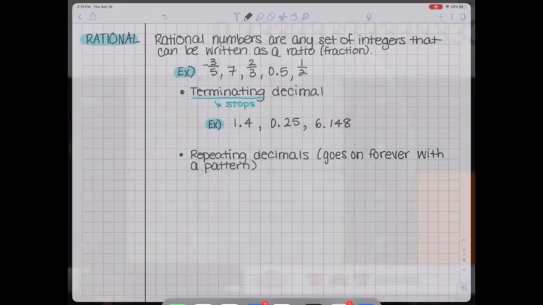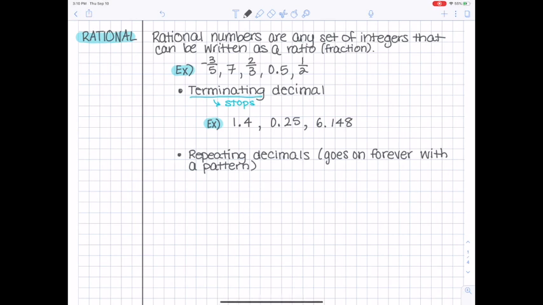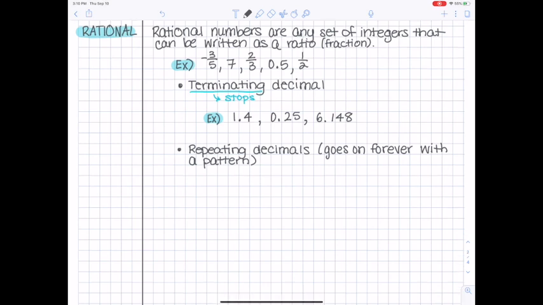So that means when we go back to ratios and we do some examples, 0.333 going on forever is a rational number because we know that this is really the same as 1/3.